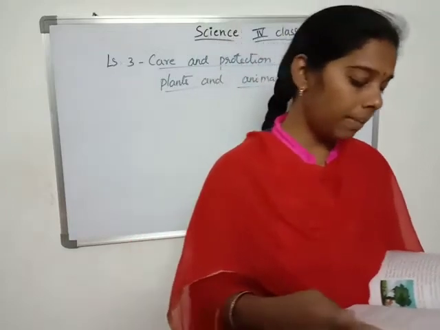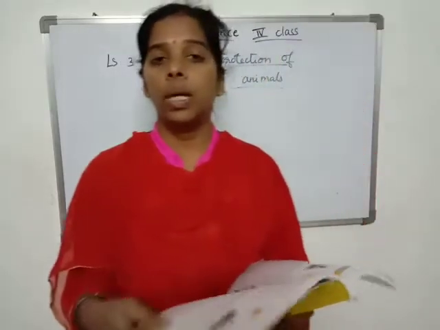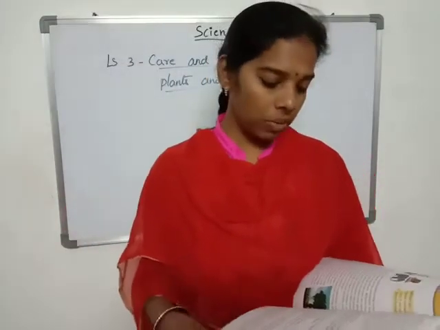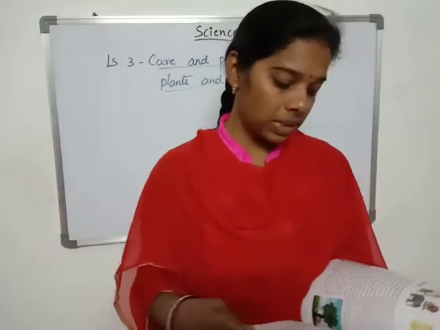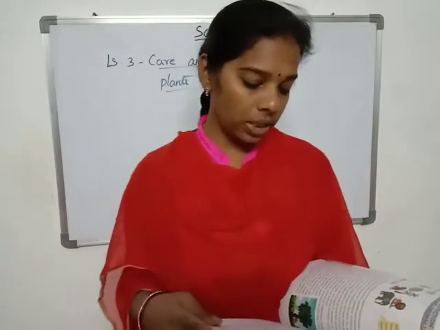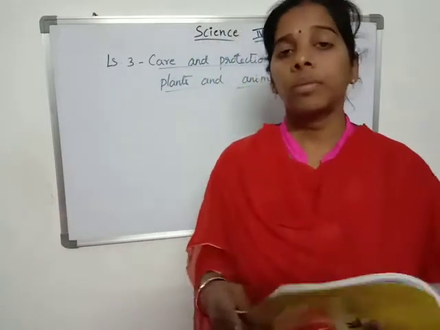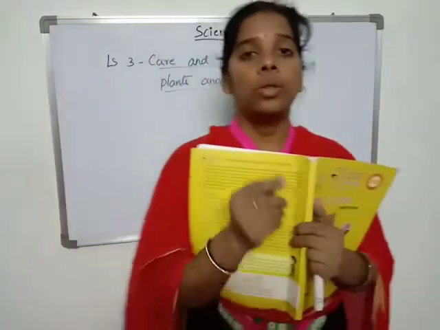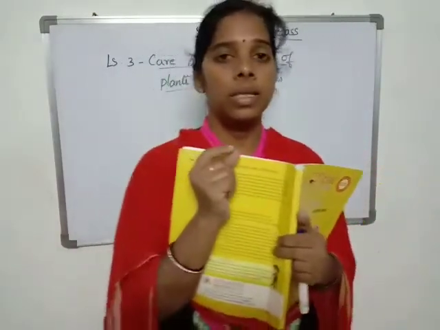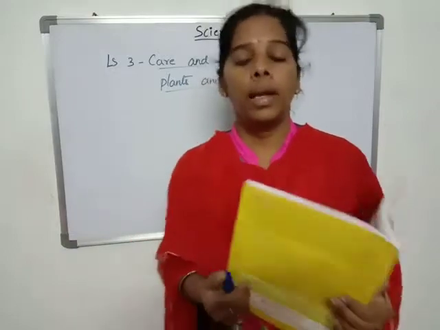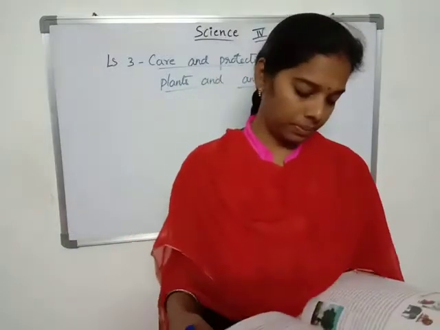Maintaining a suitable temperature. The temperature should be correct, it should not be very cold or very hot. Spraying pesticides and insecticides to protect them from diseases and also insects, rats, etc. We have to spray insecticides and pesticides so that no insects or pests can harm the plants.